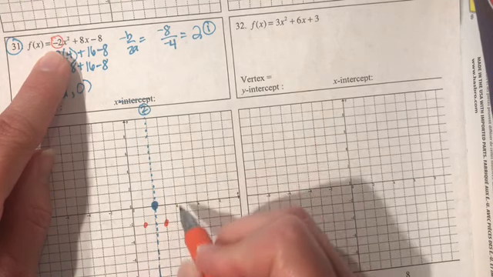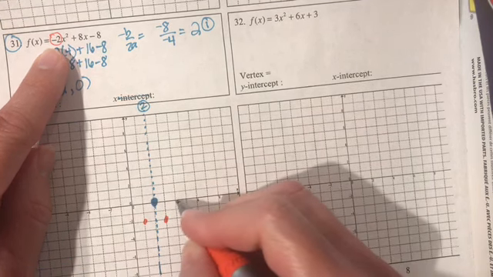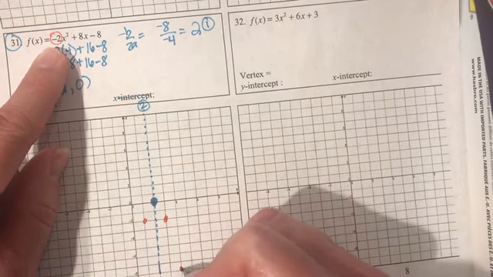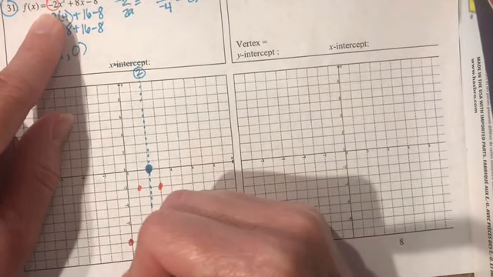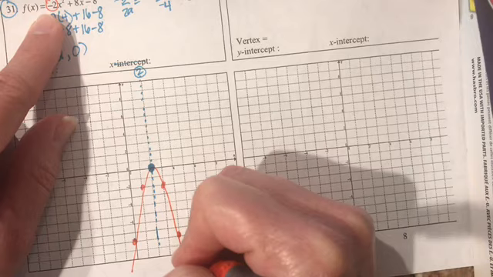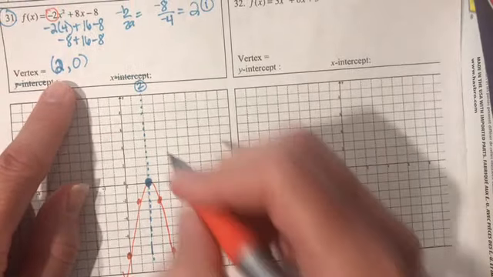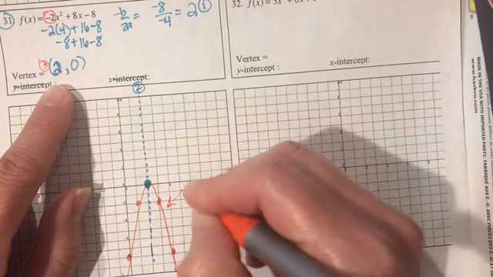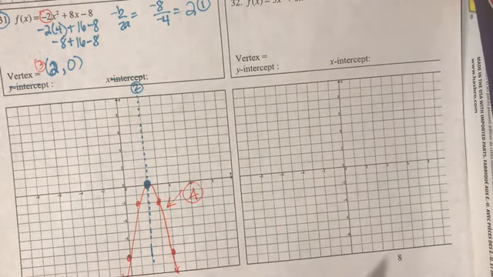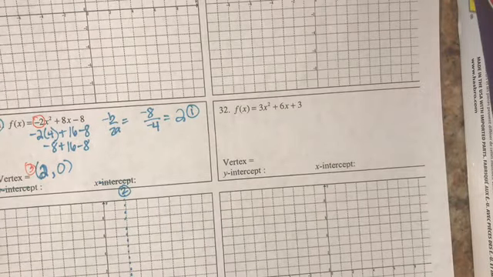Instead of up 4, you're going to go down 8. Over 2, down 8. And I can reflect that across my axis of symmetry. Now I have my vertex labeled, and then I have 4 other points, and I drew my parabola. So you have 4 problems to take a picture of and send me for your assignment 1 this week.